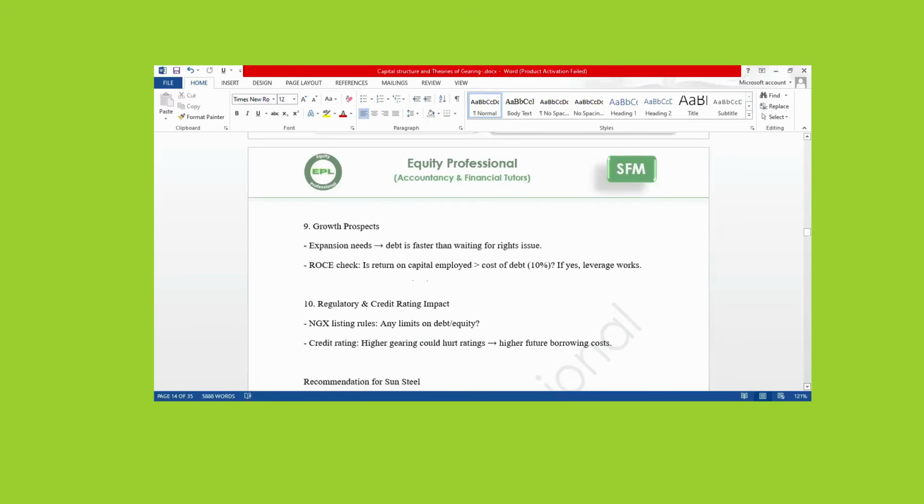Where there's an opportunity that can expand your business, you cannot be issuing equity. Equity will take long before you can realize the money. You need to take advantage of that growth opportunity. To do that, you need to borrow money fast.